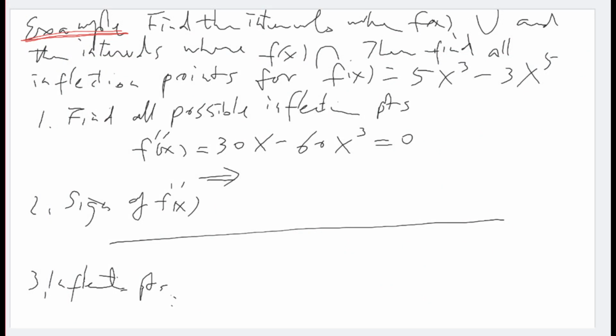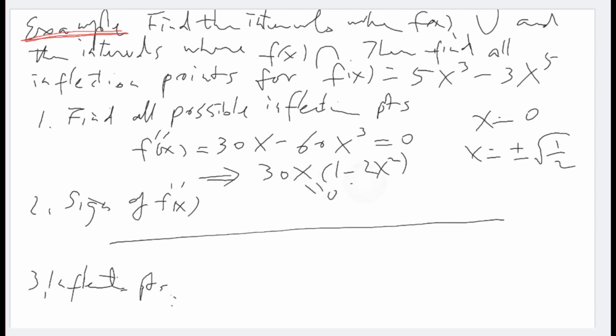We never solved it before, so I'm going to do it here. Factor out the 30x, and we're left with 1 minus 2x squared. Then set each part to 0. We find x equal to 0, x equal to plus and minus the square root of 1/2. Simple algebra. These are the possible inflection points. I called them I1, I2, I3.